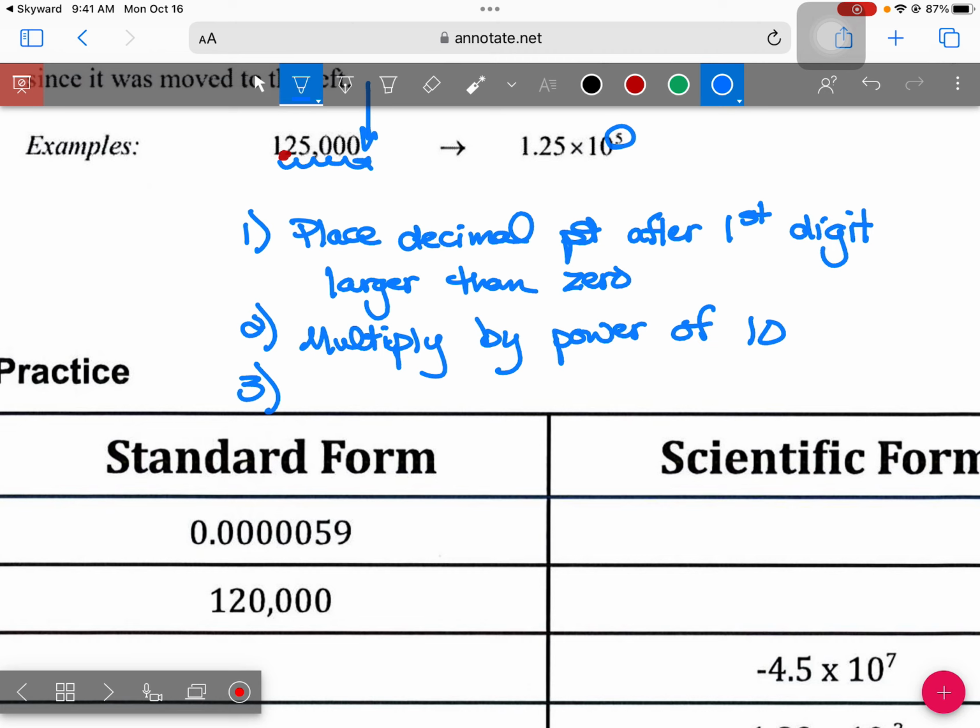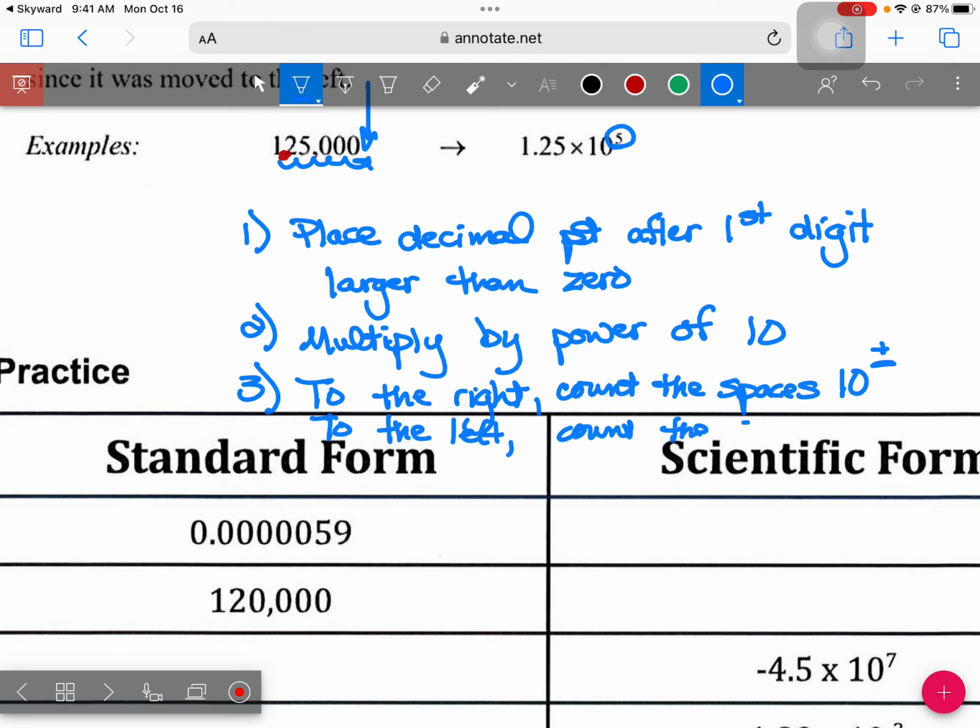If you go to the right, count the spaces, and it will be 10 to a positive number. And if you go to the left, you count the spaces, and it will be times 10 to a negative amount. Okay? Erica, let's put that away, please.